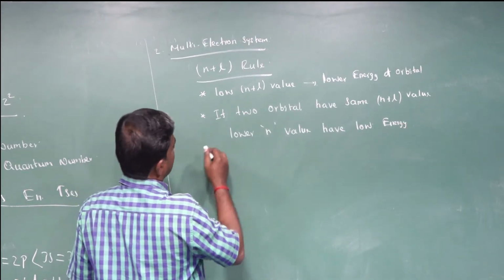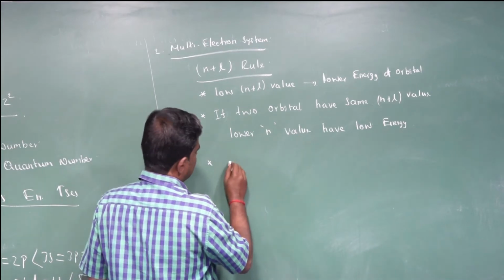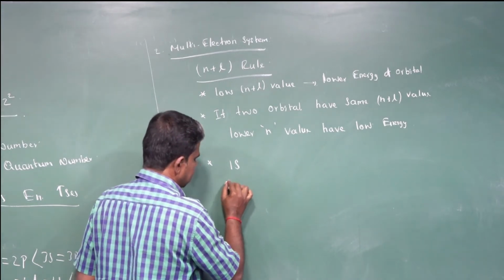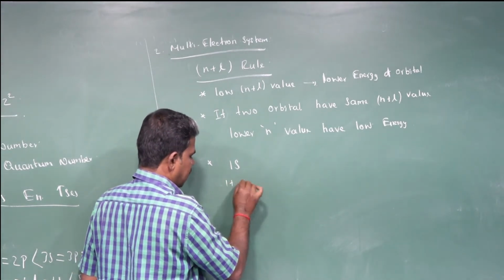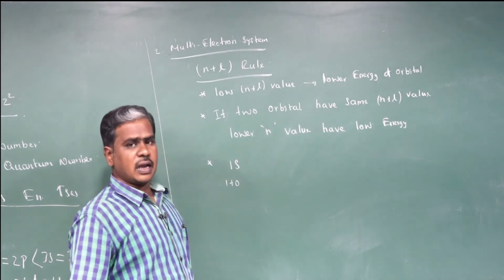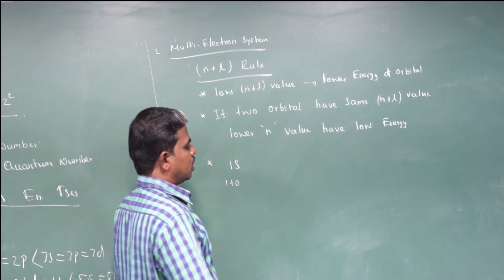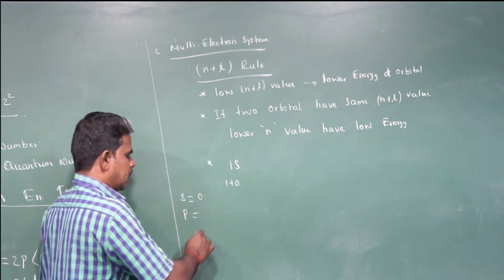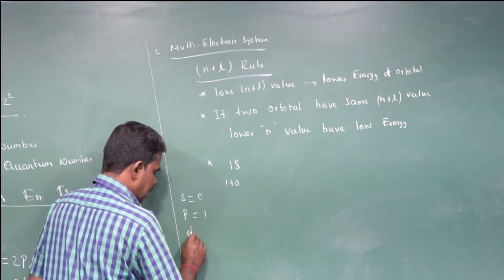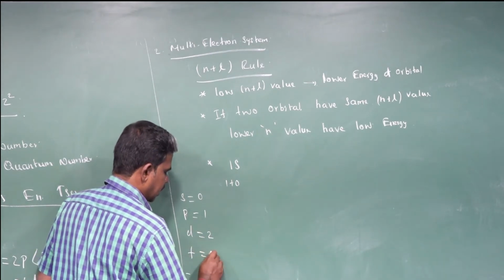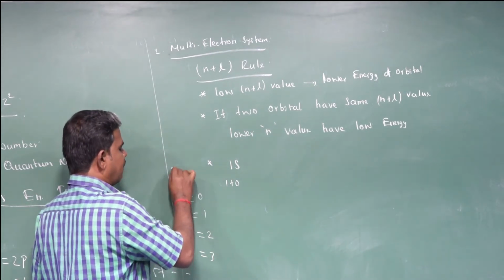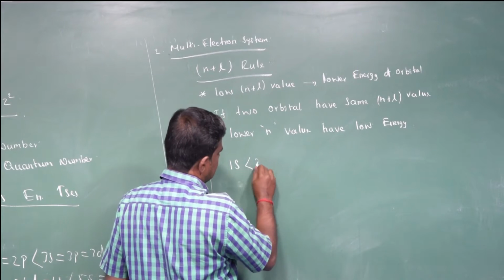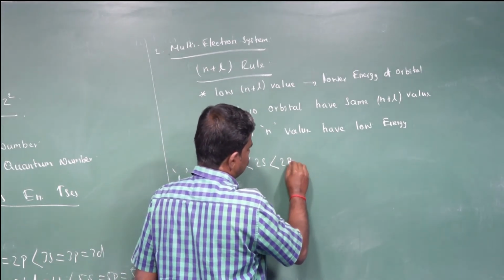So, according to this, here we are taking 1s. What is the n plus l value? Here 1 plus 0. Now, the azimuthal quantum number l is 0 for s orbital, 1 for p orbital, 2 for d orbital, and 3 for f orbital. Now, 1s, 2s and 2p.